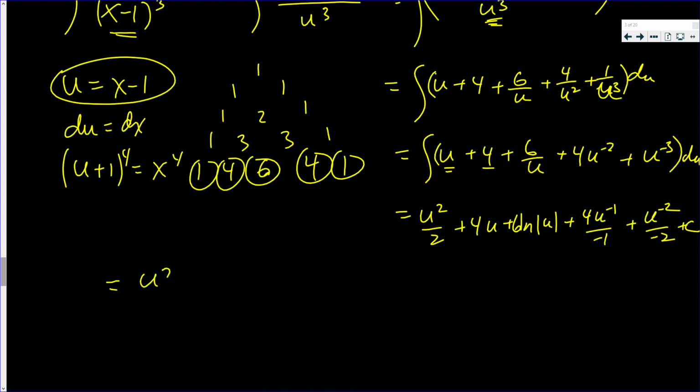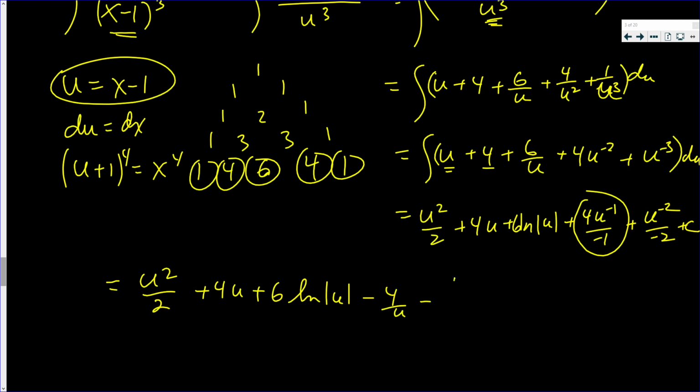This will be u squared over 2 plus 4u plus 6 ln of the absolute value of u minus 4 over u minus 1 over 2u squared plus c. And then I see that I let u be x minus 1.